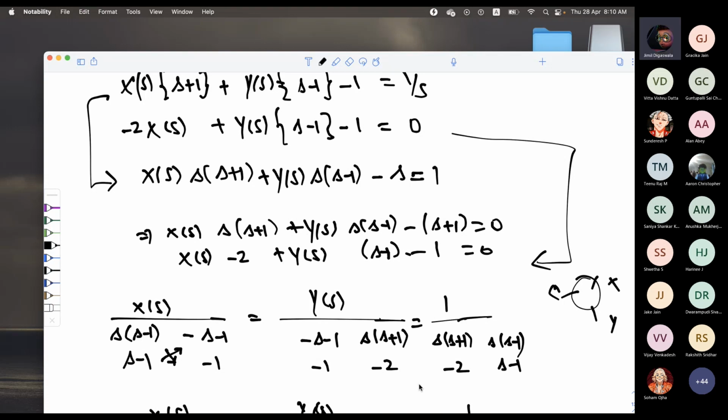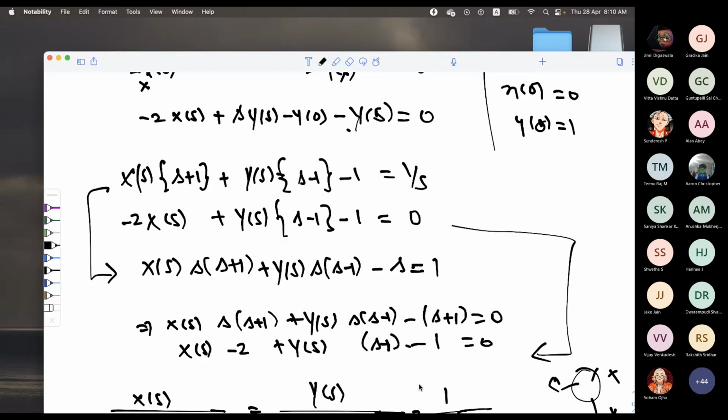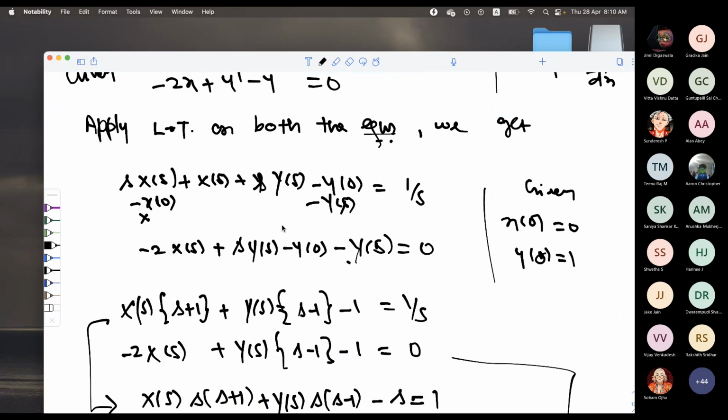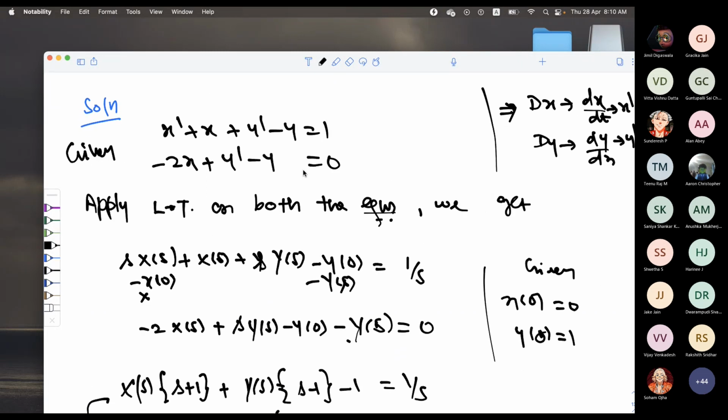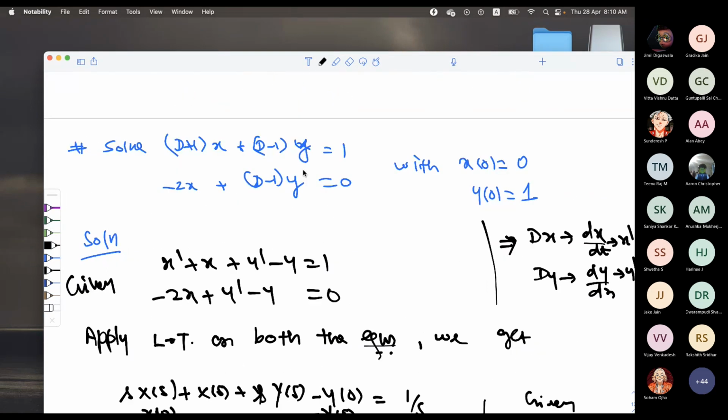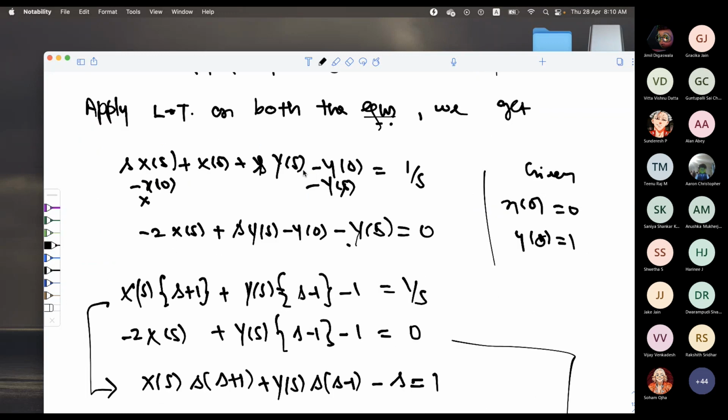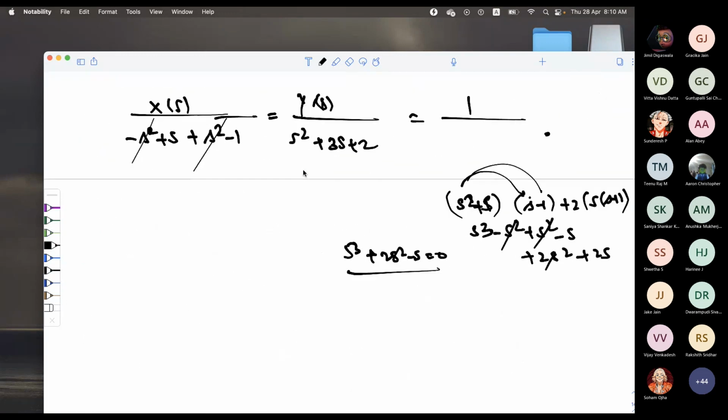Sir, the cubic equation should be s cube plus 2s square minus 3s, so we can take s out common. Okay, one minute, this first equation. Okay, the cubic equation is okay, but this problem is fine, right?